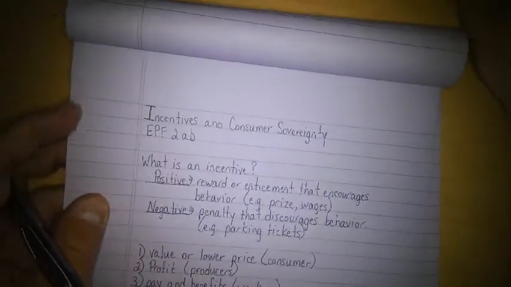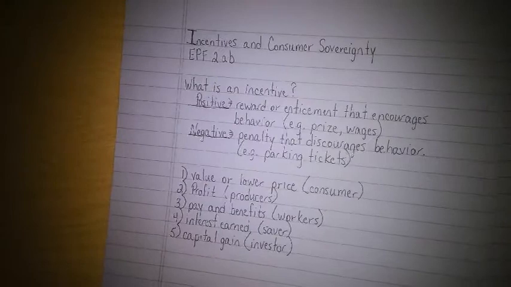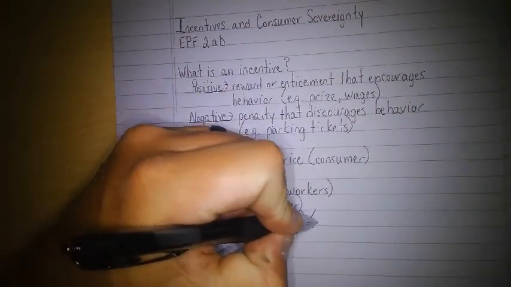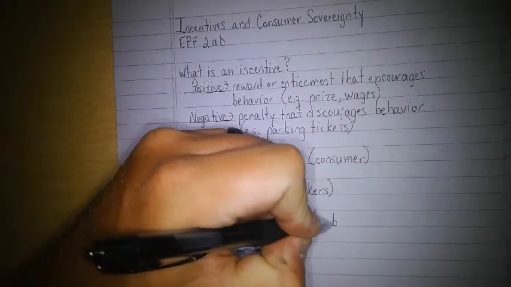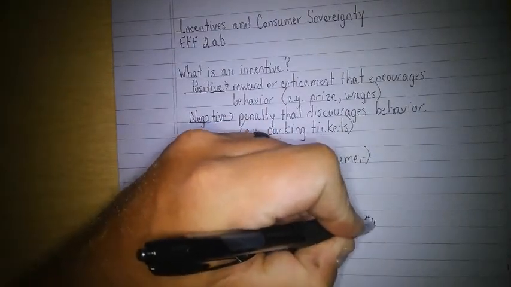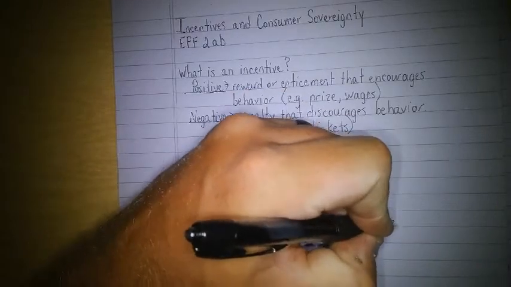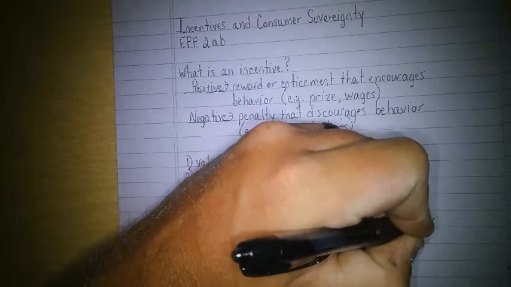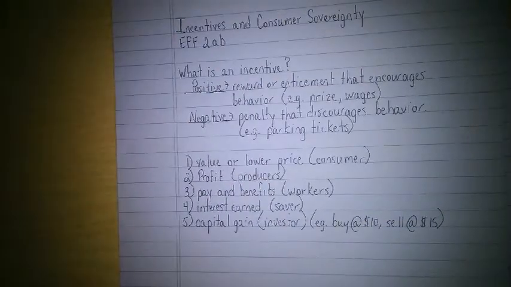I'm going to go ahead and write down the example of this as well, okay? Put down that an example would be to buy at $10 and sell at $15. That would mean you're making money, and that would be a positive, okay?